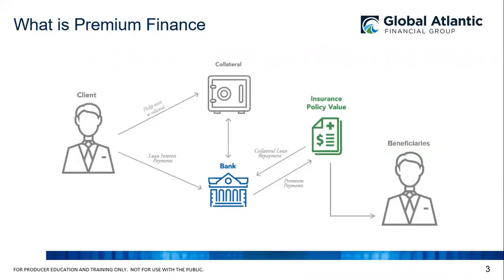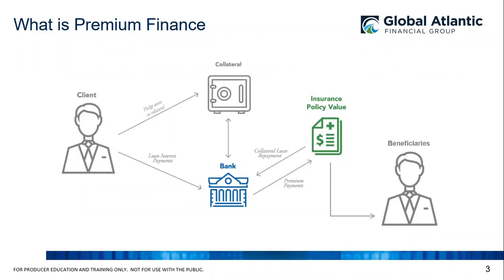So the actual life insurance policy itself is going to have a collateral assignment on it. And what that means is if the client surrenders the policy or passes away, the bank is going to get first dibs on that cash surrender value or the amount of the death benefit in order to repay the loan balance that is owed.